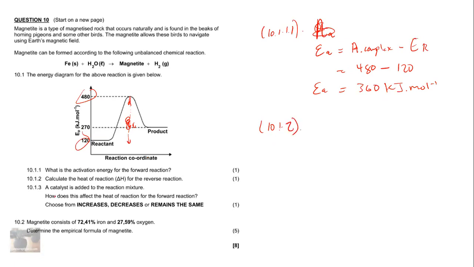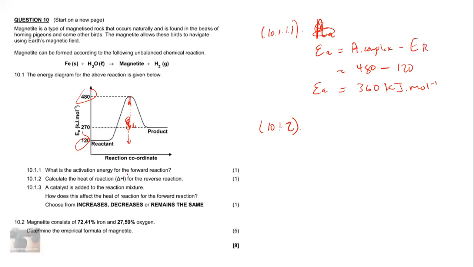Okay. So 10.1.2, it says to us, calculate the heat of reaction. Oh my God, I missed that out. Calculate the heat of reaction for the reverse reaction. Now, for the reverse reaction, you need to be a little bit careful. So how to calculate enthalpy? This is what you call the heat of reaction.